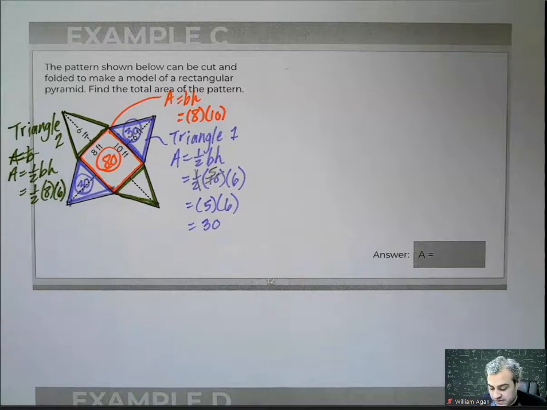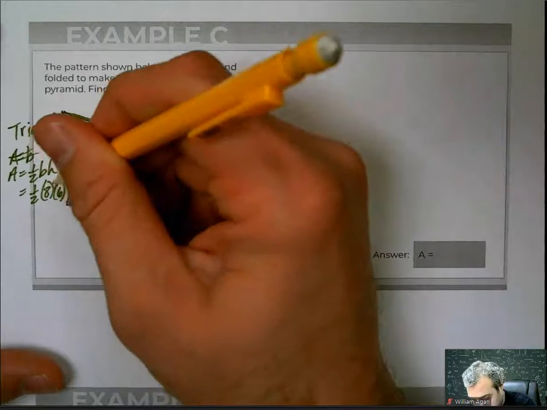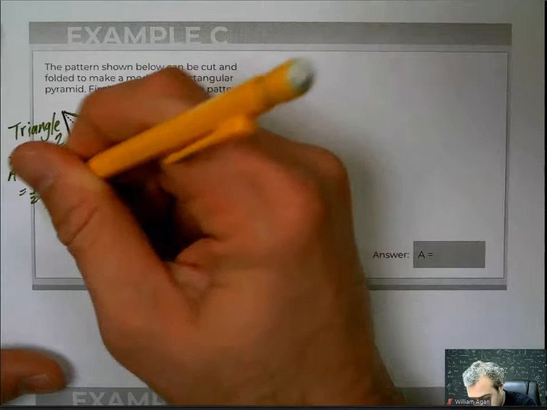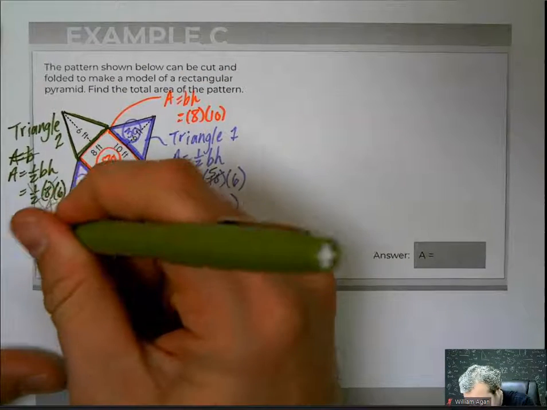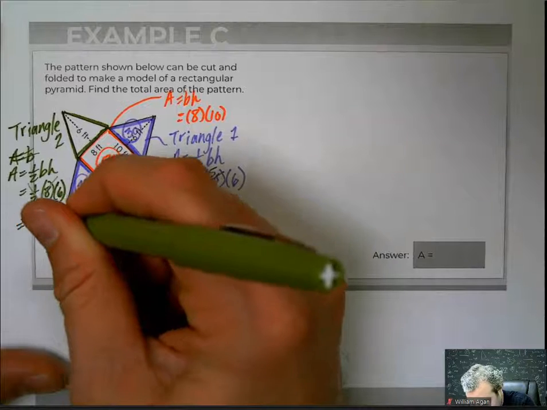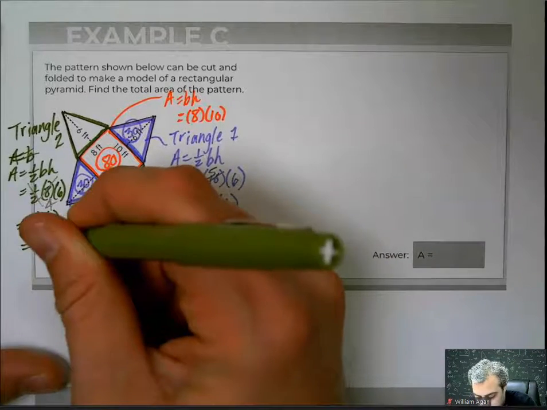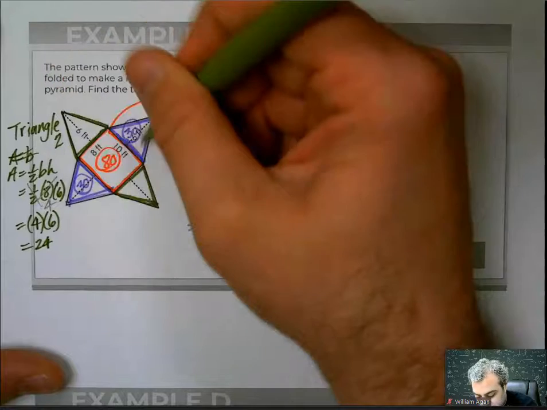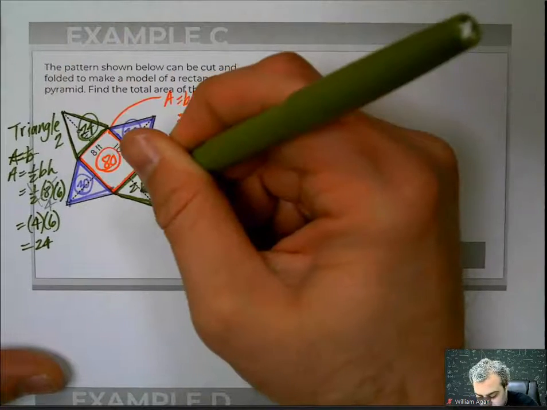They're both even, and the bigger of the two even numbers is 8. So 1/2 of 8 is 4. Now that fraction's gone. So I'm left with just 4 times 6. And 4 times 6 is 24. So that means that this triangle is 24, and this triangle is 24.